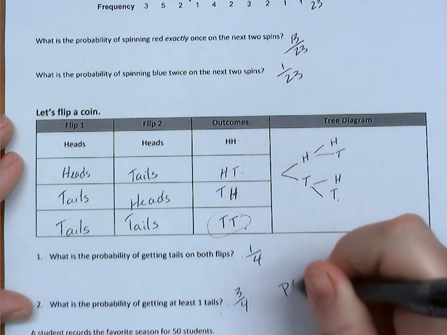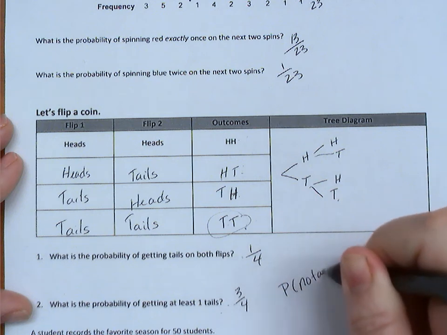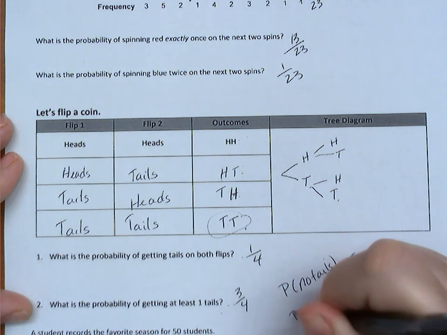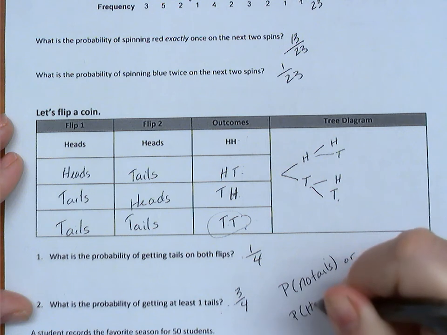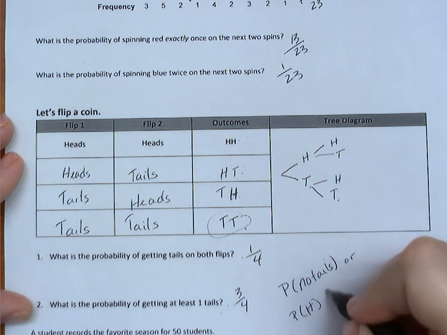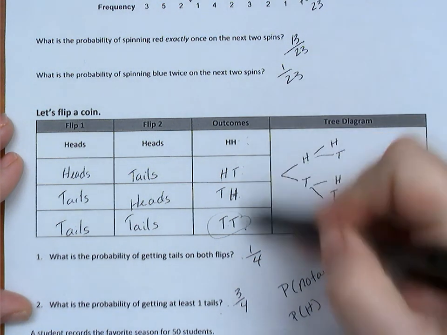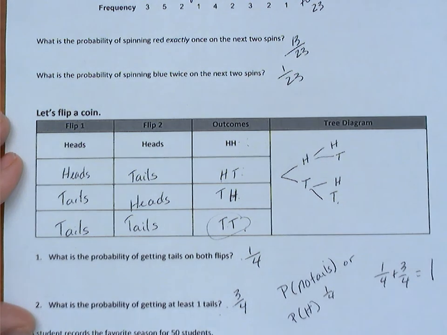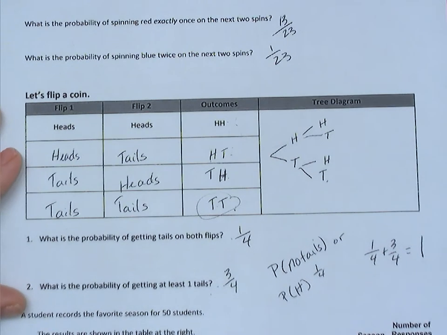So the probability of no tails, or probability of flipping heads twice, is 1/4, right? Because it only happens 1 out of 4 times. And 1/4 and 3/4 add together to give you a total of 1, which is what we know, the complements will add together to get 1.